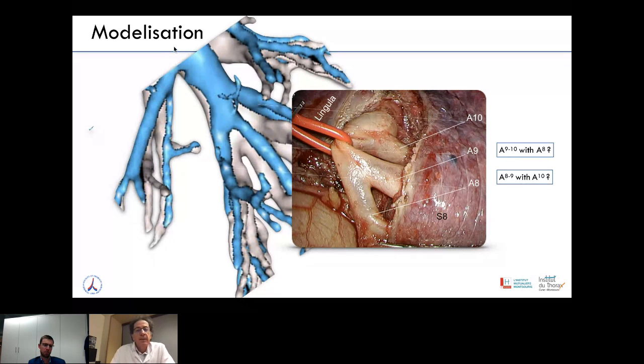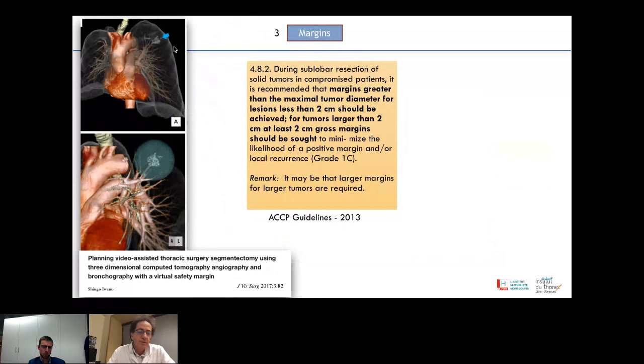The third reason to use a preparation is to have an idea of the resection margins. It was described by a Japanese surgeon, Shingo Iwano, 1 or 2 years ago.